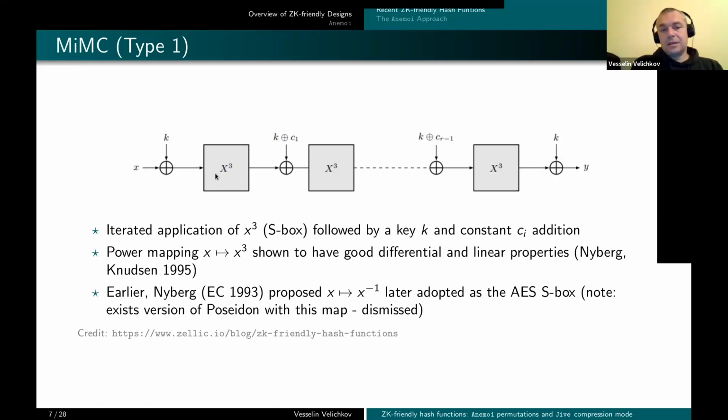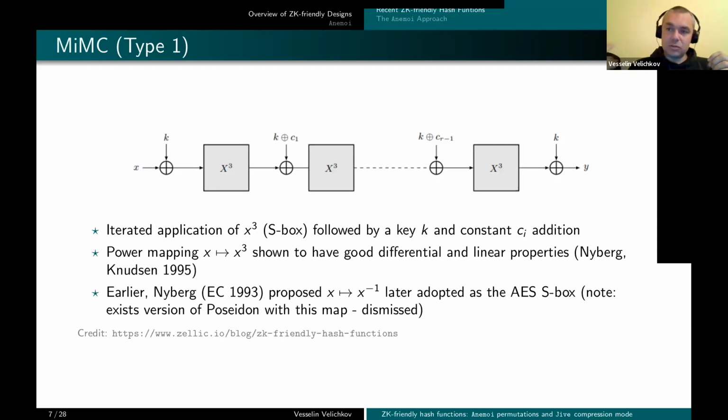The trick is in the power map. So this x-cube power map has been analyzed many years ago. There is a seminal paper dated, so two of them actually, 93 and 95, by Nyberg and Nyberg-Knudsen. In particular, the second one, Nyberg and Knudsen, were analyzing this power map, x going to x to the 3, and they provided actually a general description, which is x to the 2 to the power of k plus 1, with the restriction that k should be greater than or equal to 1.